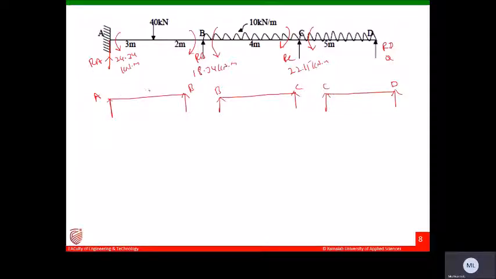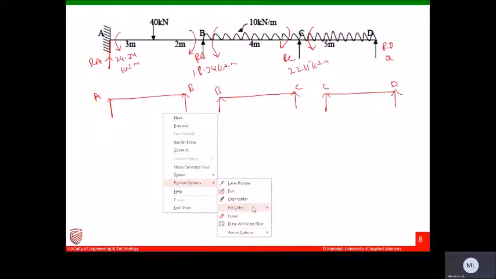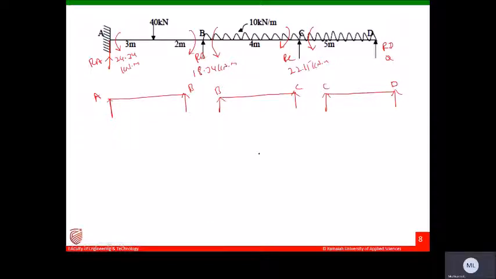Here we have the loads. See, here I have loads like 40 kilonewtons, 3 meter and 2 meters. I have a UDL here of 10 kilonewton per meter. Similarly, a UDL of 10 kilonewton per meter. This is 5 meter and this is 4 meter.